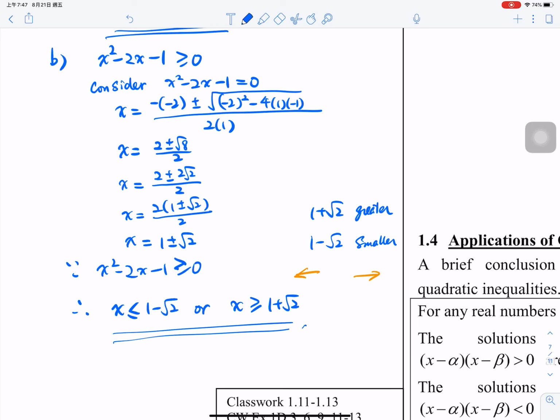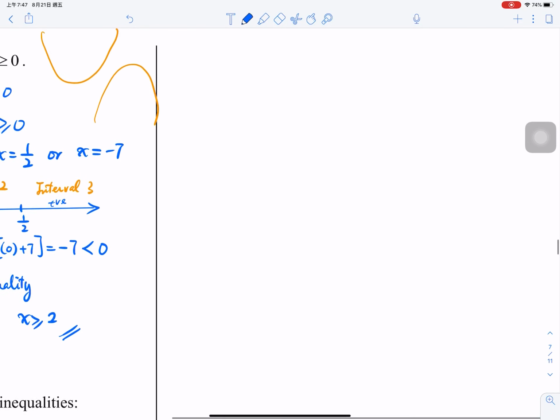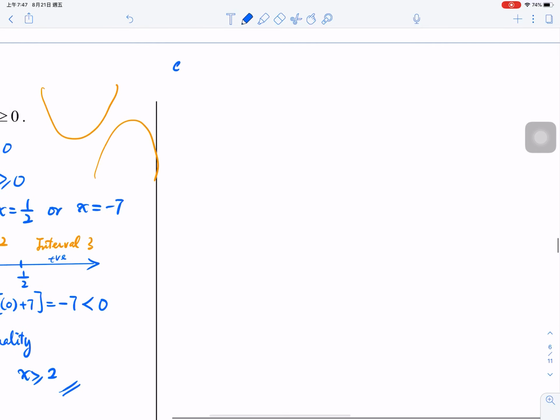Okay, part C. Let's have a look. Negative x squared plus 4x minus 18 greater than 0. How about this one? The question hasn't asked you to draw or sketch or use the graphical method. Then I will teach you like this.